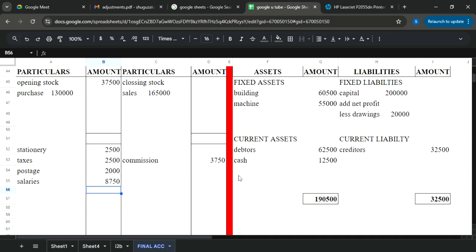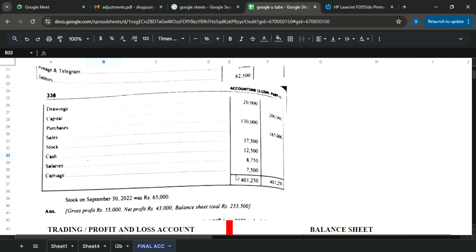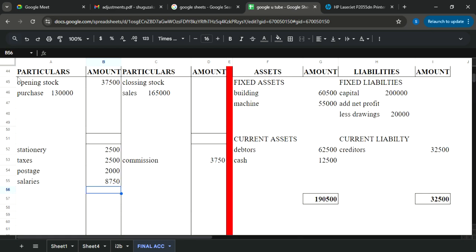Just put it over here. The next, carriage. It's not mentioned whether it is in or out. We will assume that this is carriage in, 7500. And since the question has ended, that means there are no returns in the question.